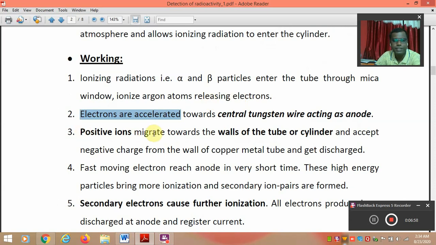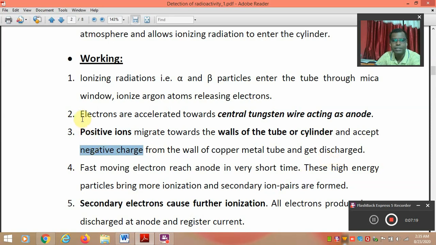Again, the positive ions which are formed during the formation of ion pairs, these positive argon ions, migrate towards the cathode, meaning the walls of the cylinder, and there these ions accept the negative charge from the wall of the container and themselves get discharged.